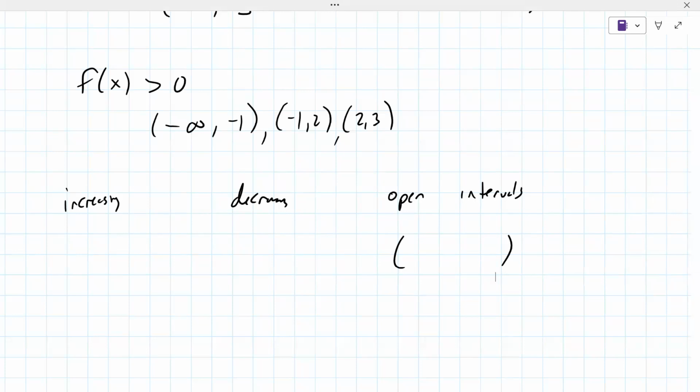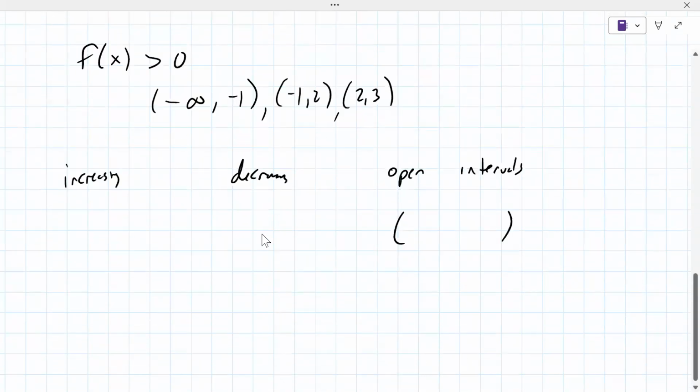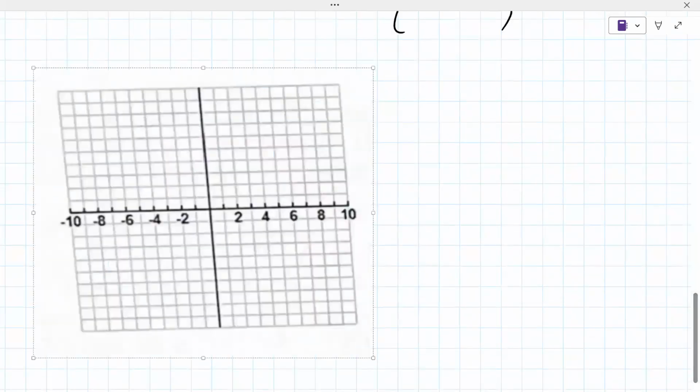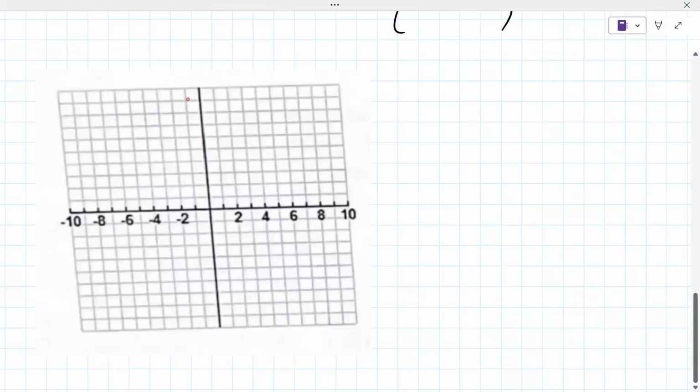So let's look at the next type of problem you were asking about. Let me just grab this. All right, so let me draw something here.